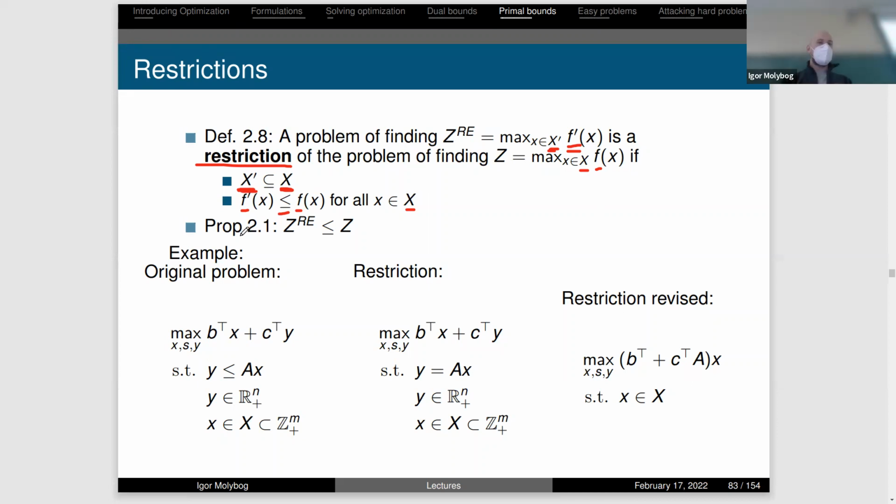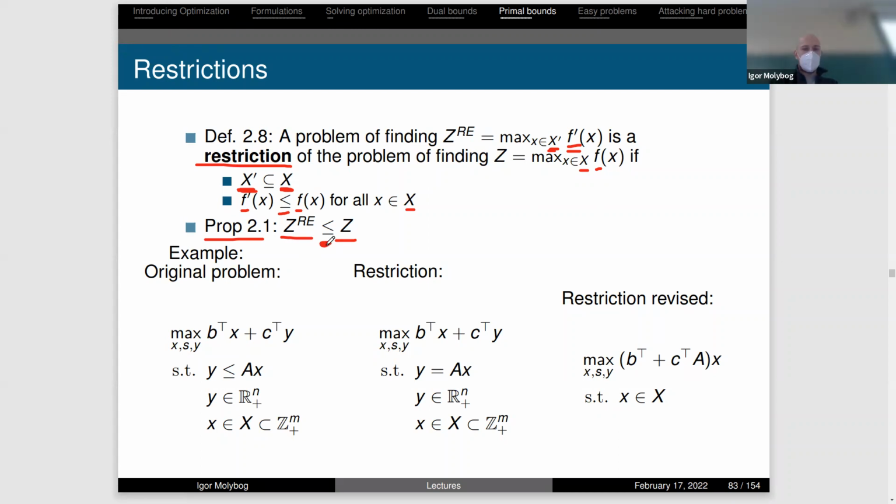The obvious proposition that holds for restrictions is that the optimal solution for the restriction is less than or equal to the optimal solution for the original problem. I just want to remind you that for relaxations, this inequality was the other way around. So essentially, we can think of restriction as a counterpart to a relaxation. However, if relaxations were commonly easy to solve, for example, LP relaxation was an easy problem, restriction is in fact often not too easy to solve.